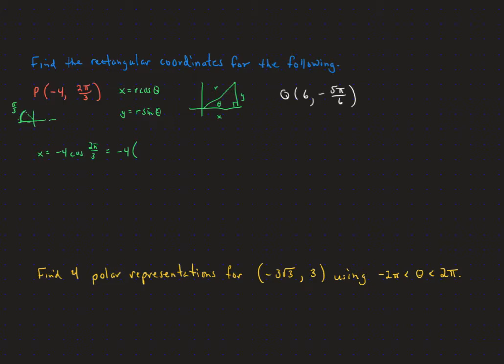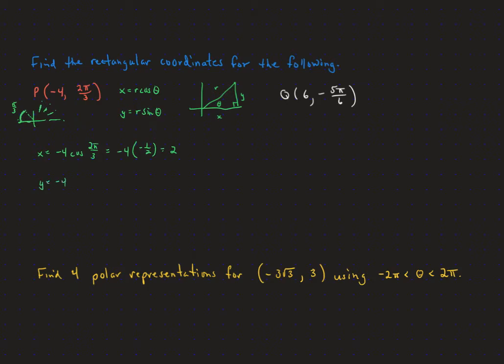So pi over 3 is going to go 0, pi over 6, pi over 4, pi over 3. Cosine starts big, so it goes 1, square root of 3 over 2, square root of 2 over 2, 1/2. In quadrant 2, cosine is negative, so that's going to be a negative 1/2. And so that will make our x-coordinate a positive 2.